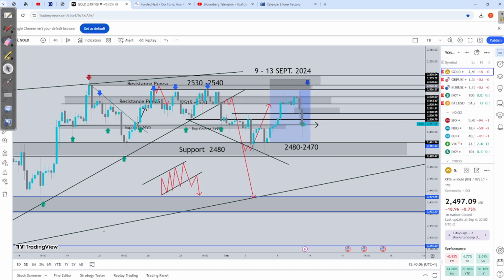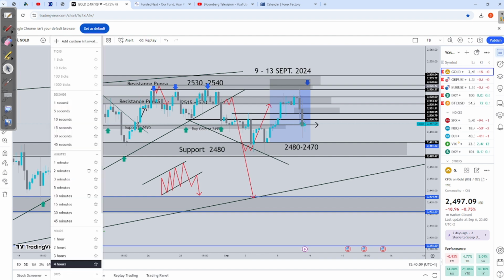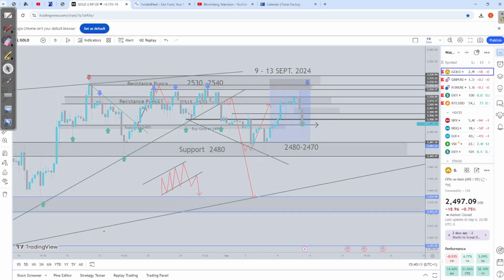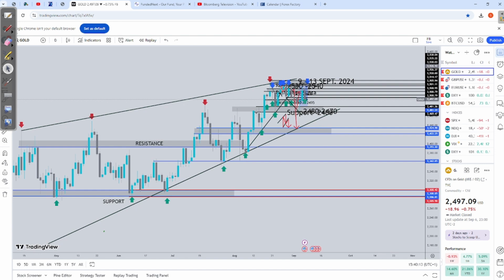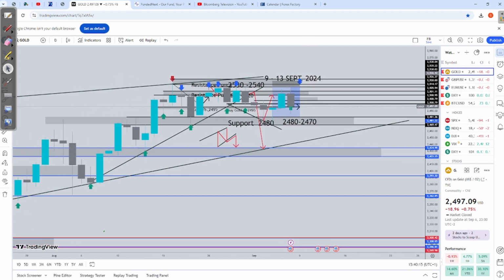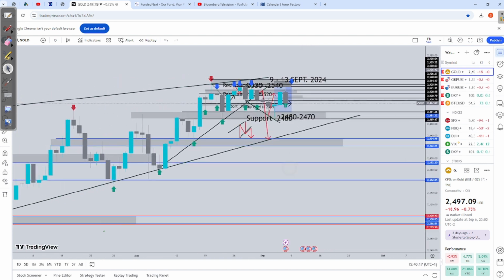Let's look at the weekly time frame or daily time frame first. Still on the uptrend. You see how it works.